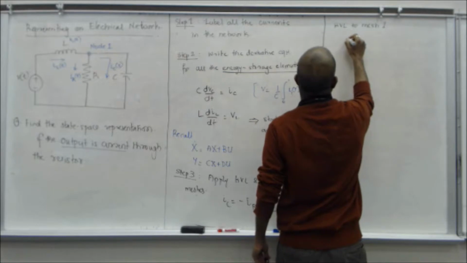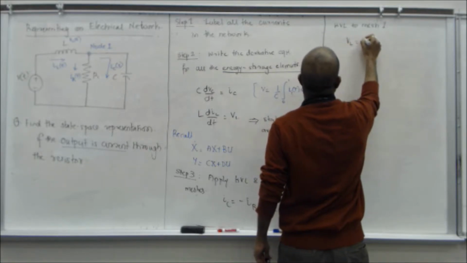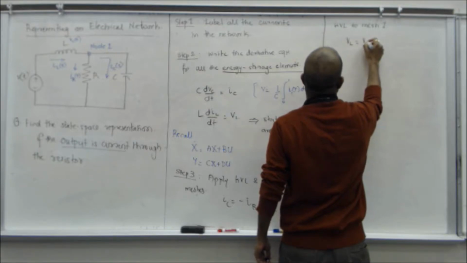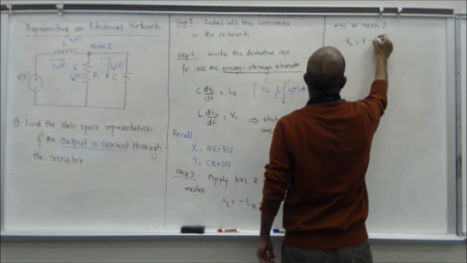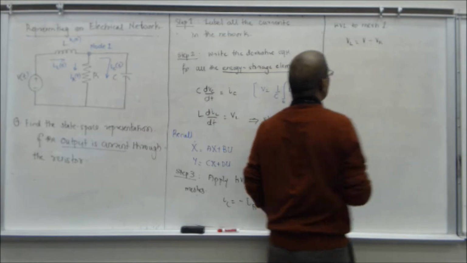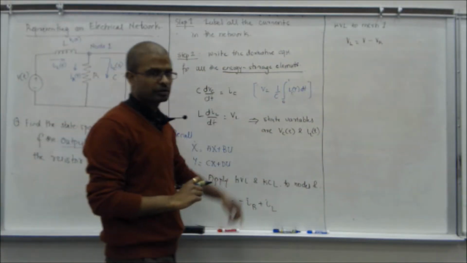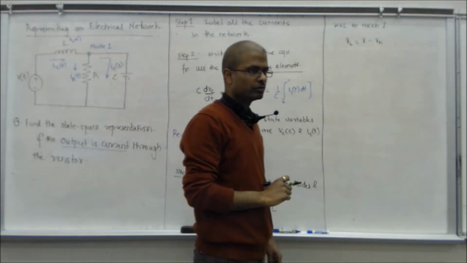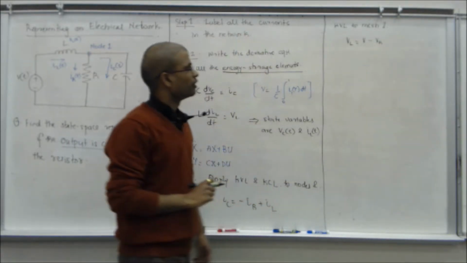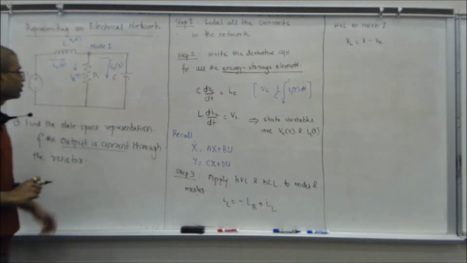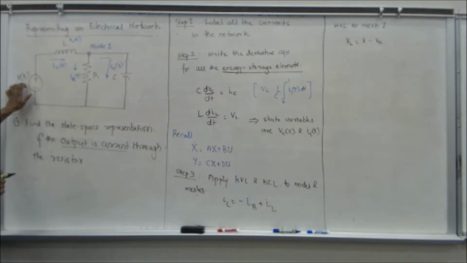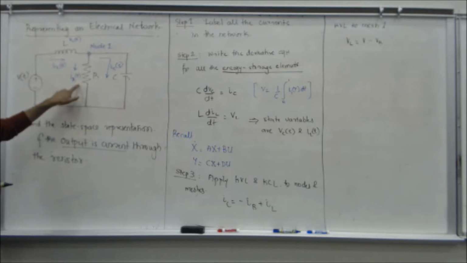You're going to get VL is equal to V minus VR. Correct? You see that? If you applied Kirchhoff's voltage law to mesh 1, the input voltage is equal to voltage drop in this minus voltage drop in this.